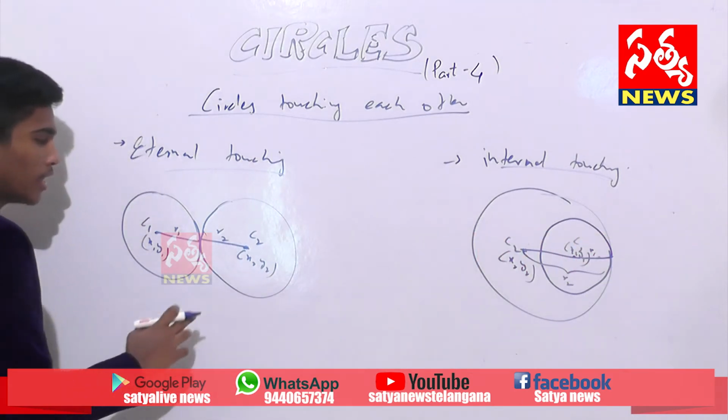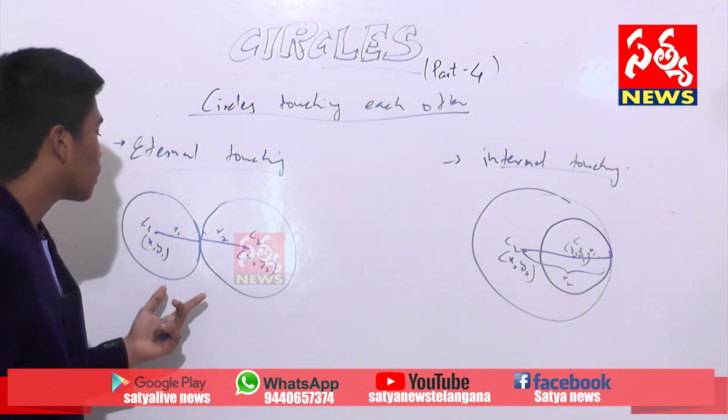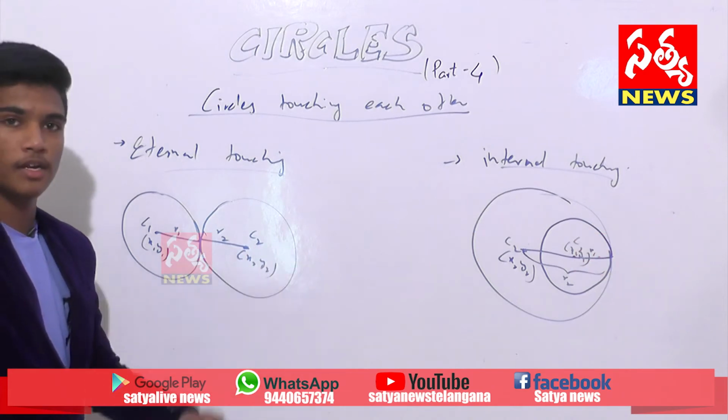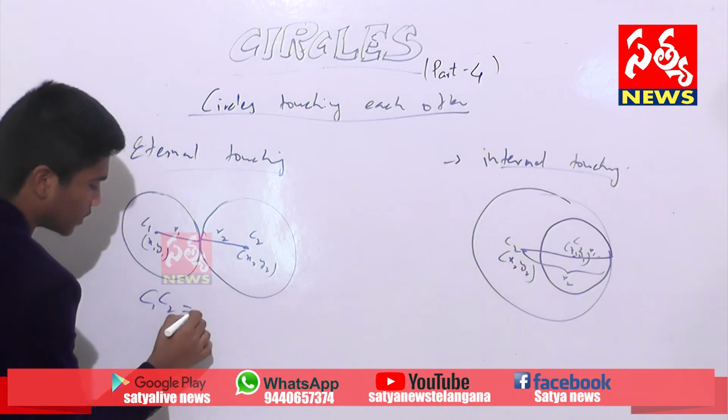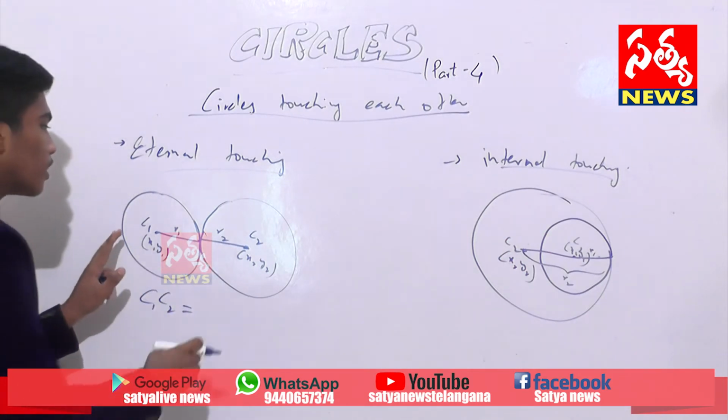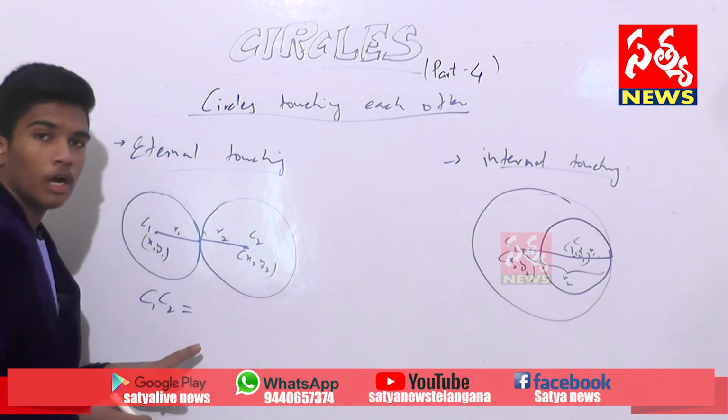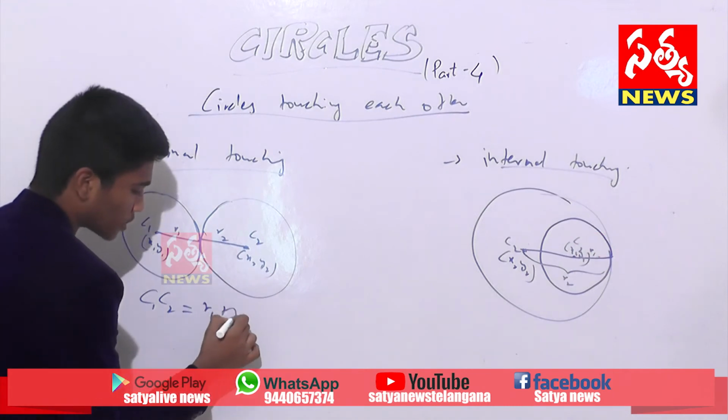Now, the condition for checking whether the circles are touching externally or internally. If you observe here, the distance between C1 C2 must be equal to R1 plus R2.